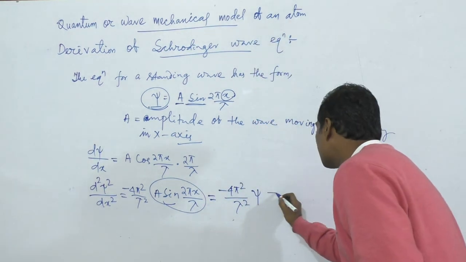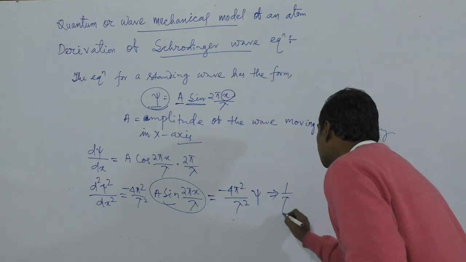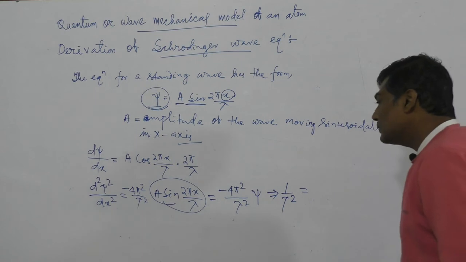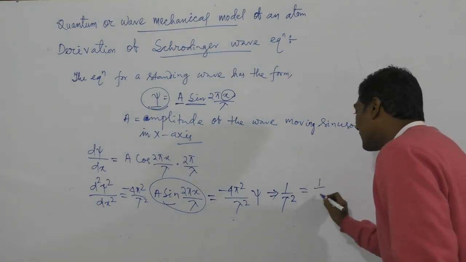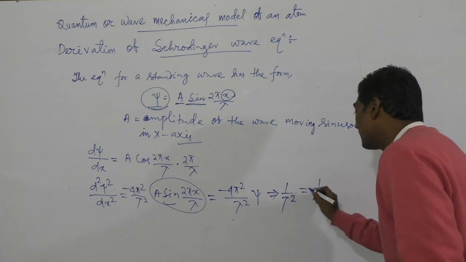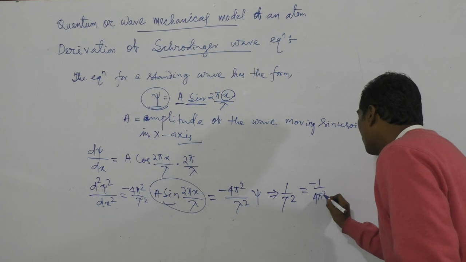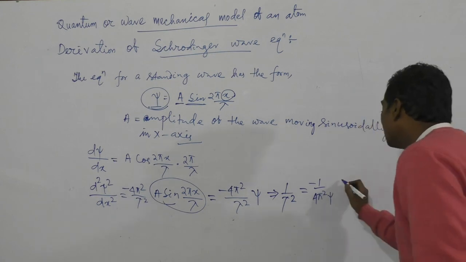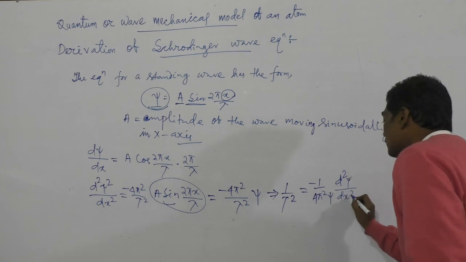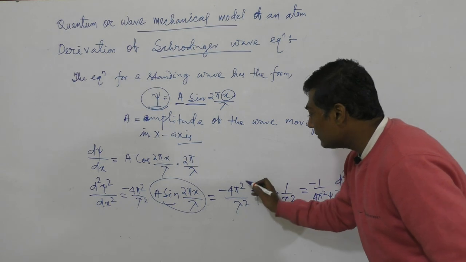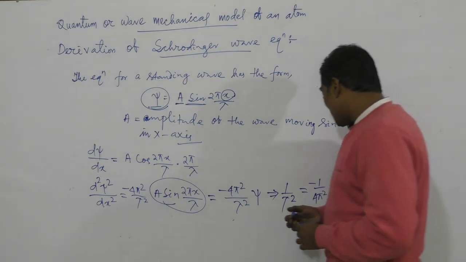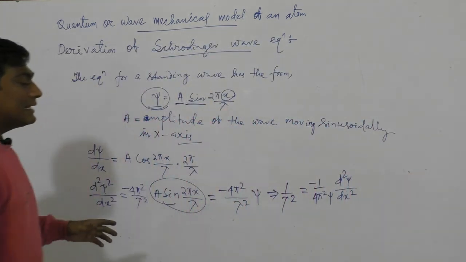So let us determine what 1 by lambda square is. With 4 pi square psi going to that side, 1 by lambda square is equal to minus 1 by 4 pi square psi d square psi by dx square.